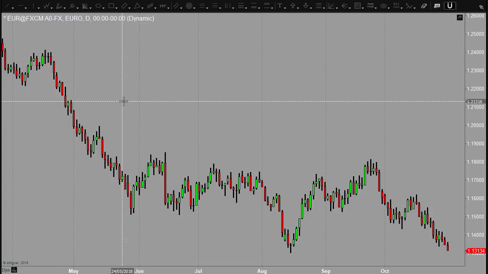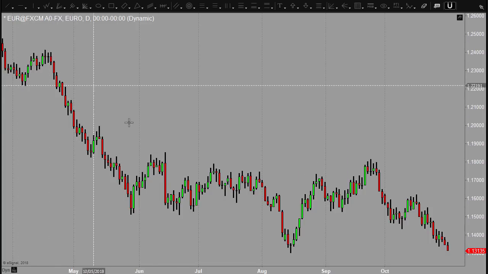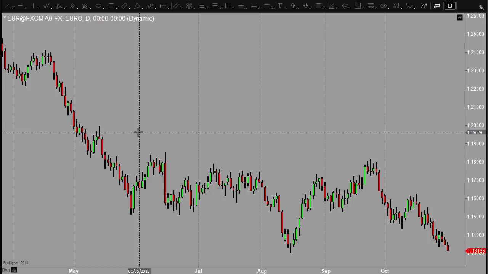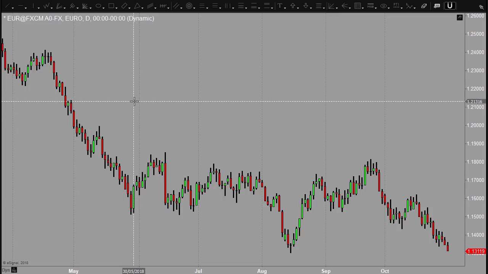Now obviously it's easy done retrospectively, but I just really want to show the theory. I say the theory, but the principles rather, because the principles work pretty well. It's about looking at what price is actually doing as opposed to what something else is telling you. Remember that most indicators are delayed.